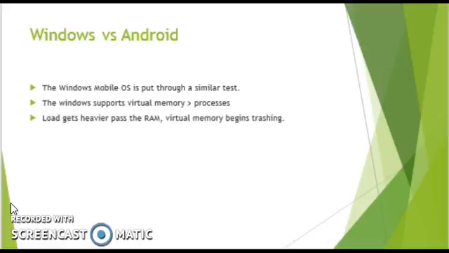As processes begin to saturate, the load gets heavier, passing the capability of the RAM size, so the virtual memory begins to thrash. In Windows, as the thrashing begins, performance is greatly degraded. However, the programs are still able to run, just at a different rate.